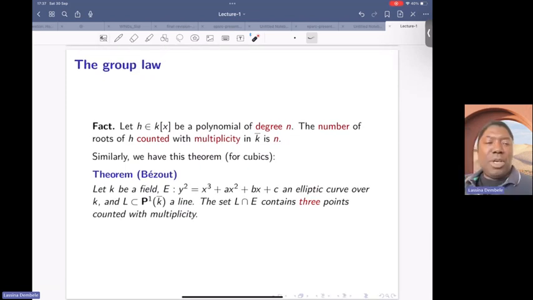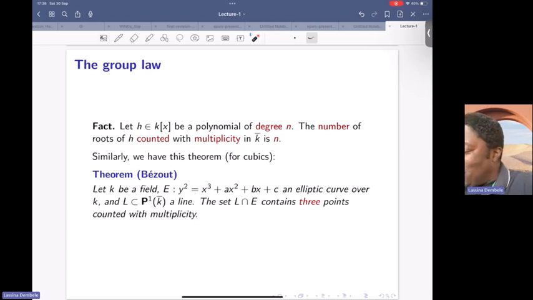But before that, I'm going to give you a very vague statement of what the Bezout theorem is, basically with the undergrad who might be taking this course in mind.